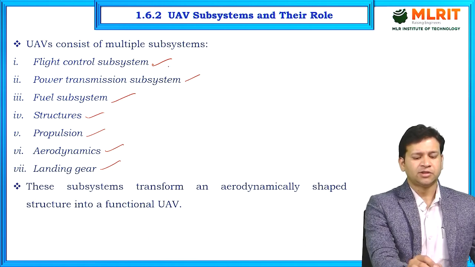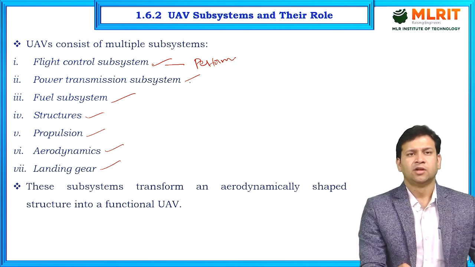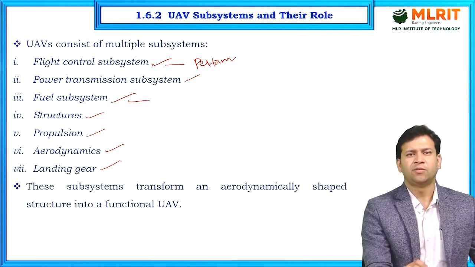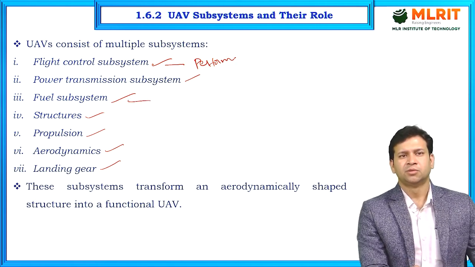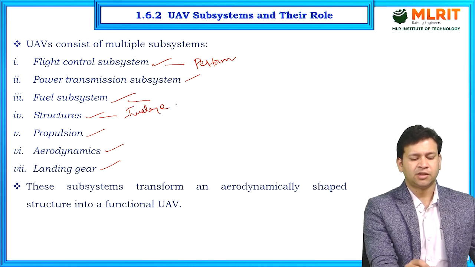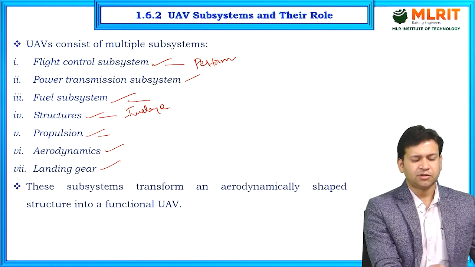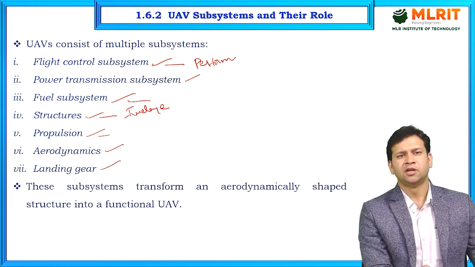This flight control system here will completely work on the performance of the unmanned air vehicle. Then fuel subsystems, this will help in supplying the fuel to the turbofan engines which are placed. Structure plays an important role here because we need to have a proper structure where in the fuselage we can accommodate the payloads. Propulsion system, it again basically depends on the objective of an unmanned air vehicle.